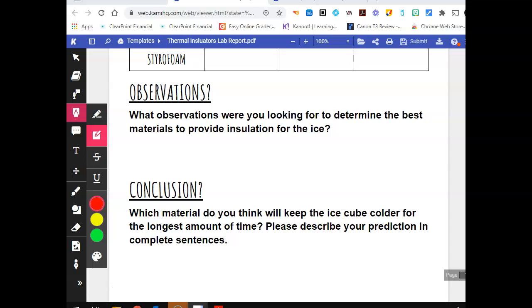What was on the 4-minute results? Metal 1. Yeah. So make sure you're typing in complete sentences. I have some students that are making a list. I don't want a list. I want complete sentences.